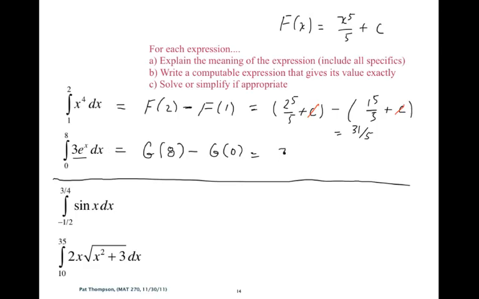So this would be 3e to the 8 minus, let's use that other notation. We could say 3e to the x evaluated from 0 to 8, just to practice using that so we recognize it. That means 3e to the 8th minus 3e to the 0.